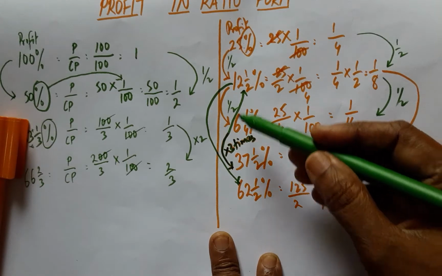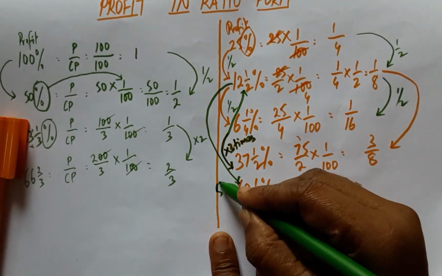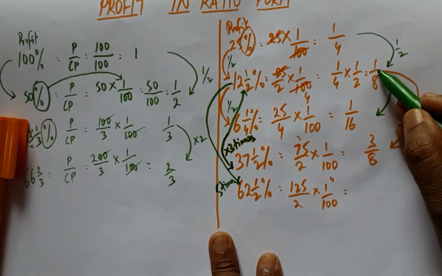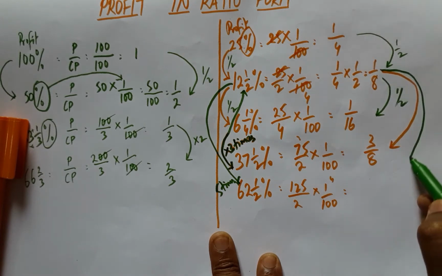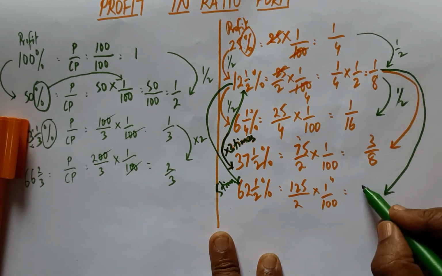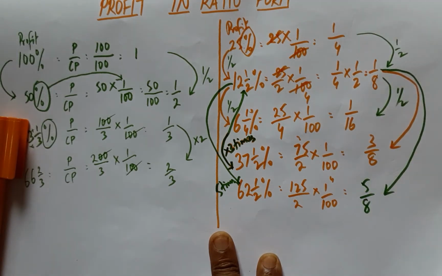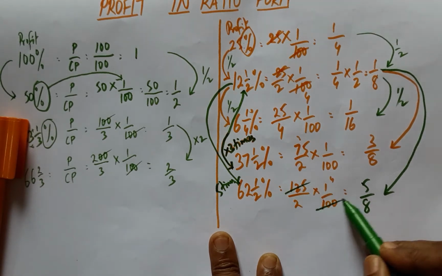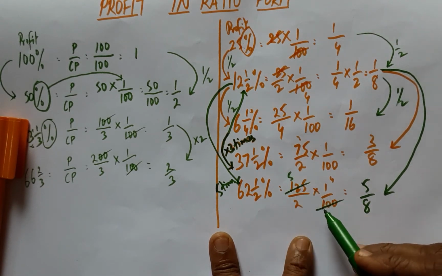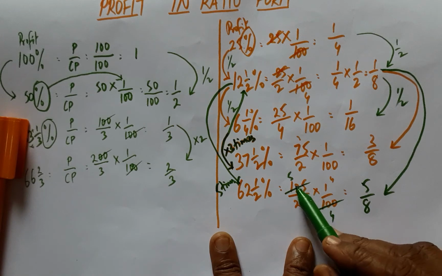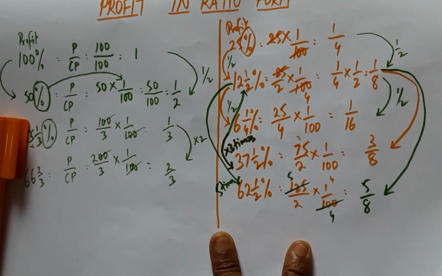And now this is 5 times this value, and therefore the fraction will also be 5 times of this, and therefore it is 5 by 8. You can also see here 25 5s 125, and 25 4s, therefore 5 by 8 comes the fraction.